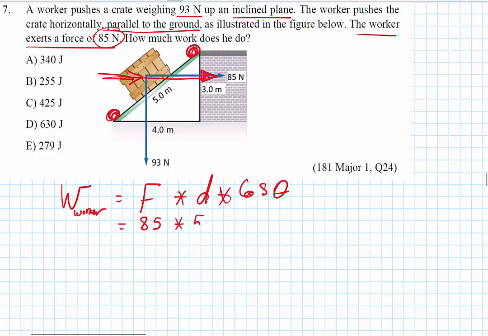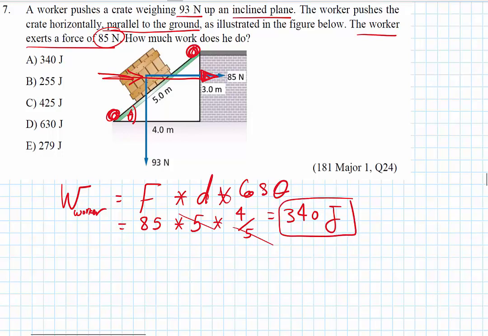So 85 times the 5 times cosine theta, which is 4 over 5. The theta is the angle of the incline. So the result is 340 joule. This is the work that he does on the mass, the work that he does to push the mass up the incline.